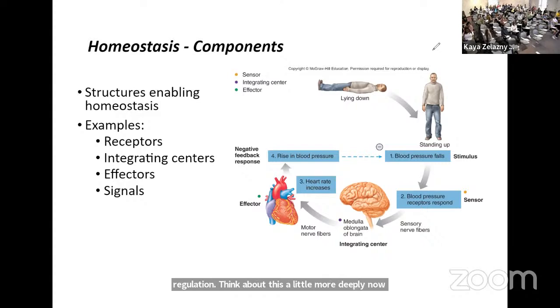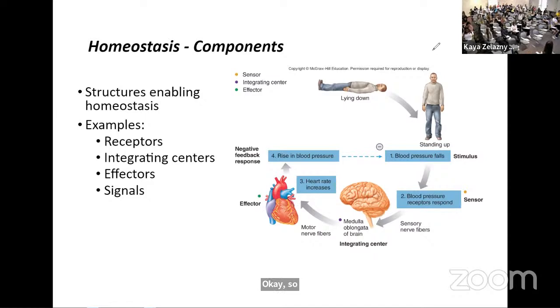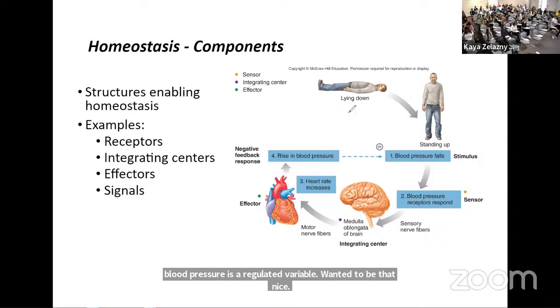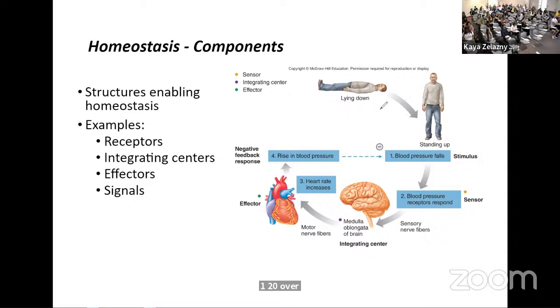Okay, so one thing that you regulate in this image is blood pressure. Blood pressure is a regulated variable. You want it to be that nice 120/80. A thing that can happen is when you're lying down, if you suddenly go to standing up, your blood pressure does actually fall as all the blood gets pulled by gravity to you.